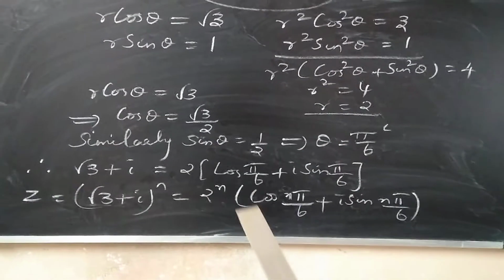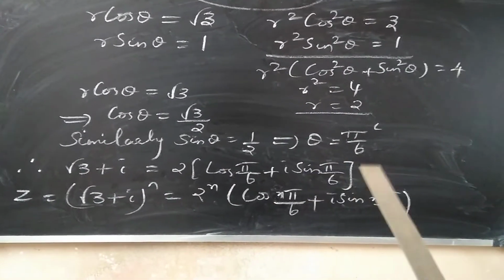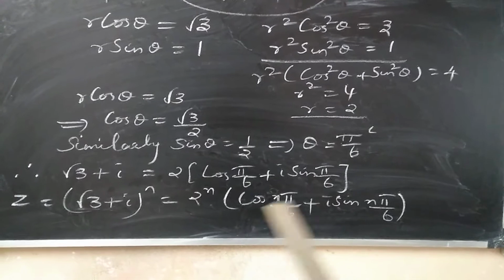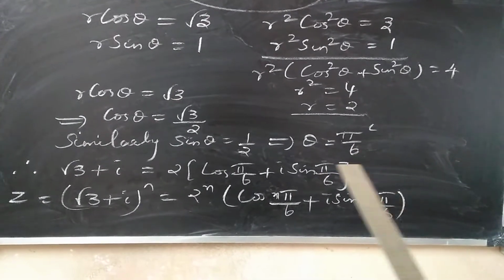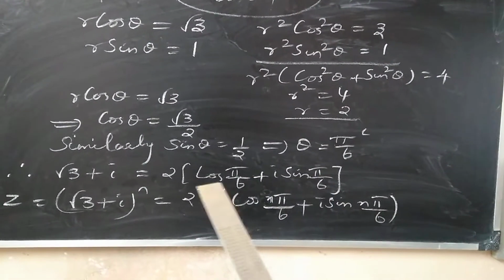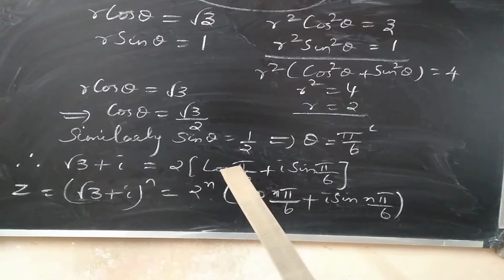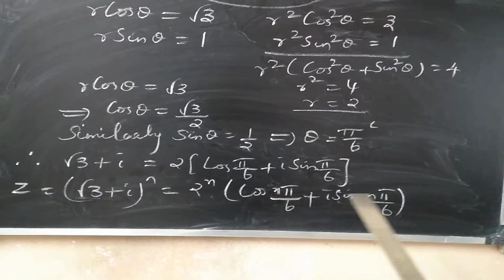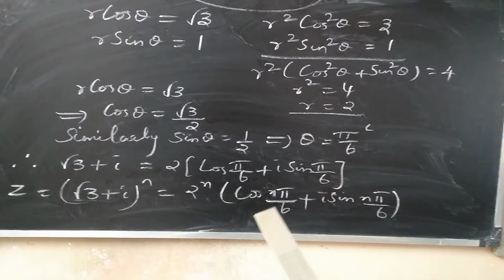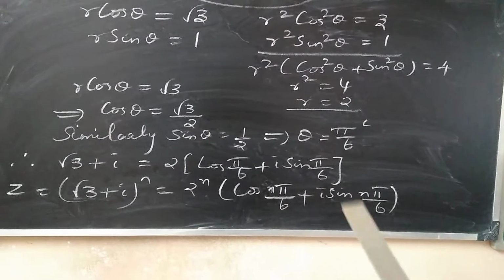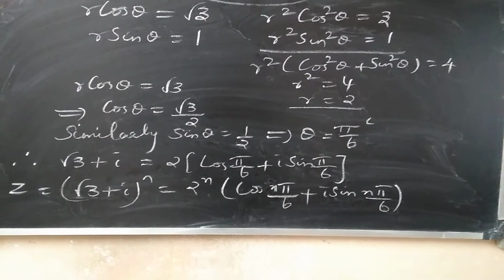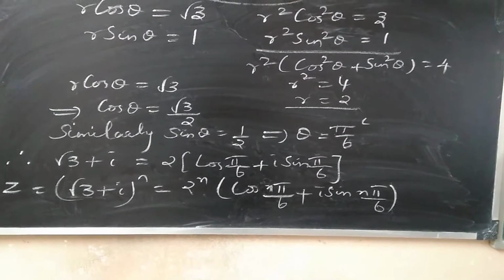So 2 power n into the power n of this is according to de Moivre's theorem. When you apply power n for a complex number in this form, the power n comes and multiplies the amplitude. So I have written the power here. Because it is a positive integer, we are applying de Moivre's theorem. That's also something which is going to come in the later part of the complex number study.